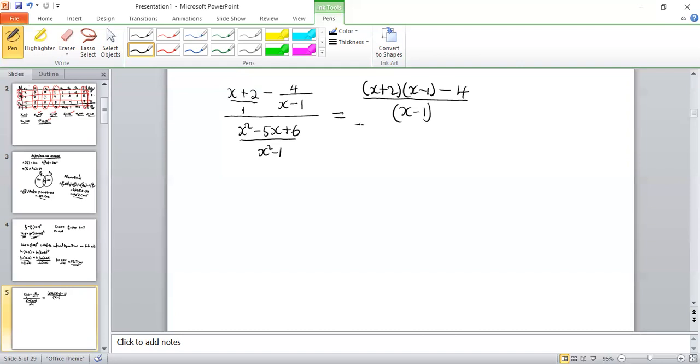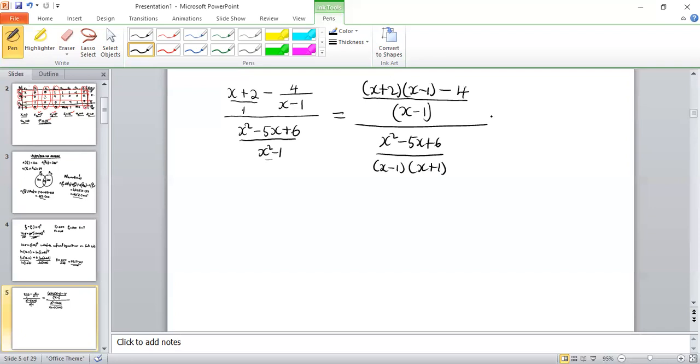Then over x squared minus 5x plus 6 over, this is difference of two squares, so we can have it as x minus 1 and x plus 1.